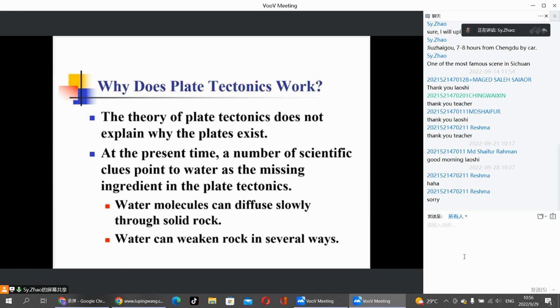They argue that water molecules can diffuse slowly through solid rock, and water can weaken rock in several ways, and this helps to explain the process.